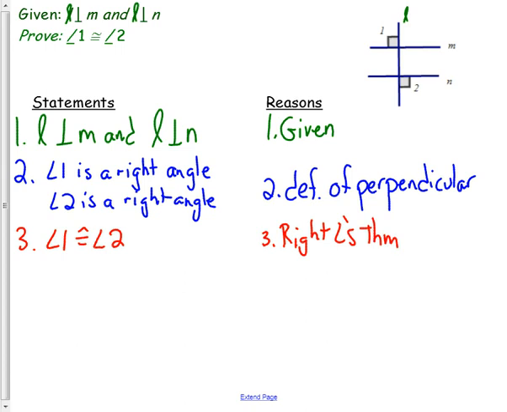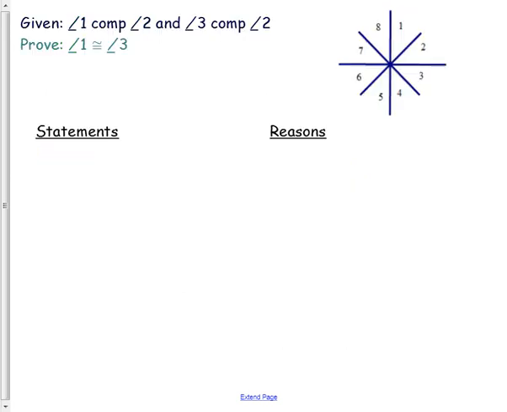If you don't know the name of the theorem, what you could write is all right angles congruent. So if you can't remember the name of a theorem or a definition, you could write it out. If you can't remember right angle theorem, that's fine. We'll just say all right angles are congruent.